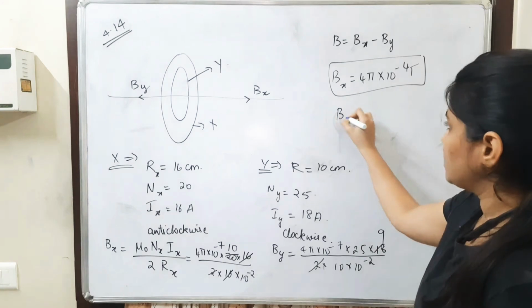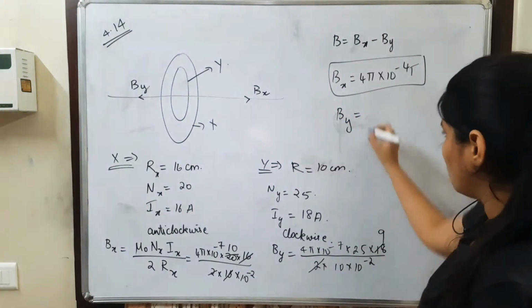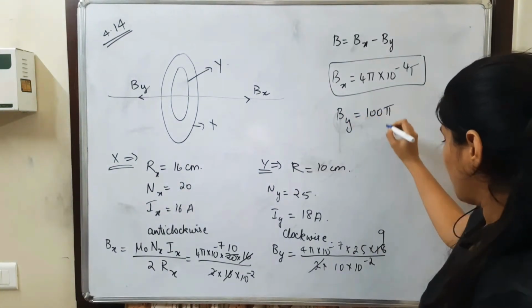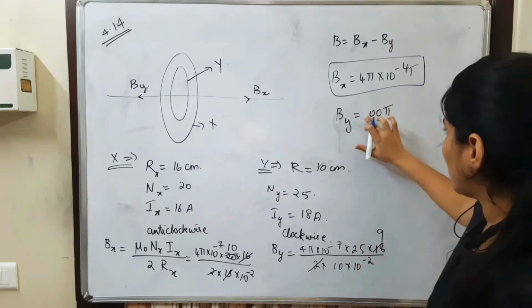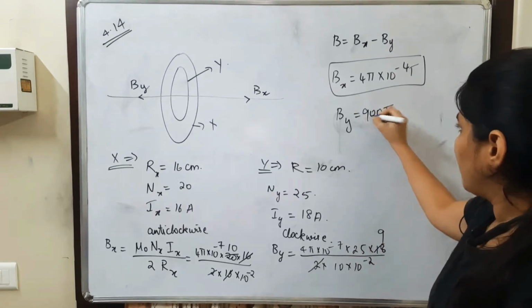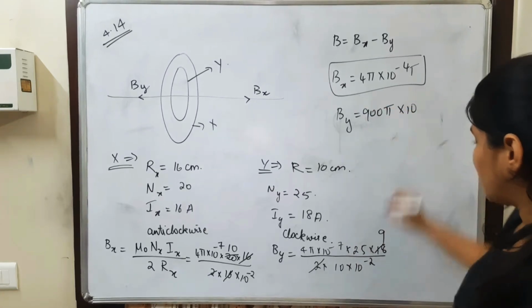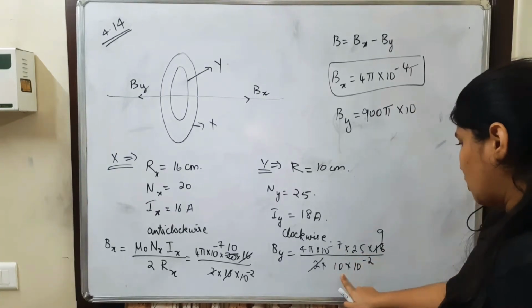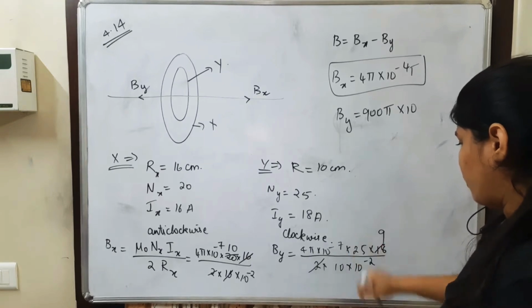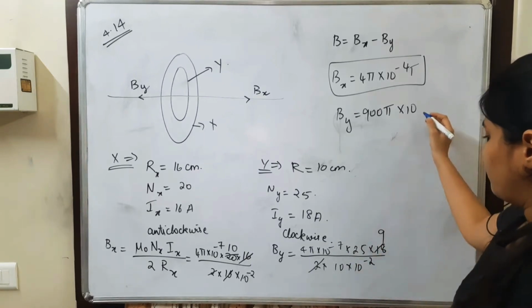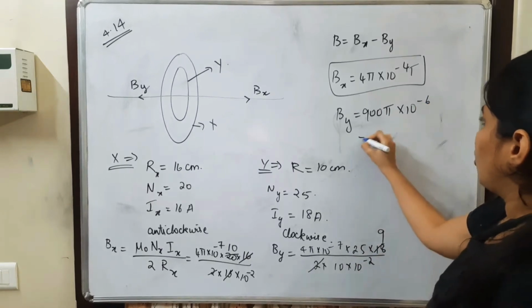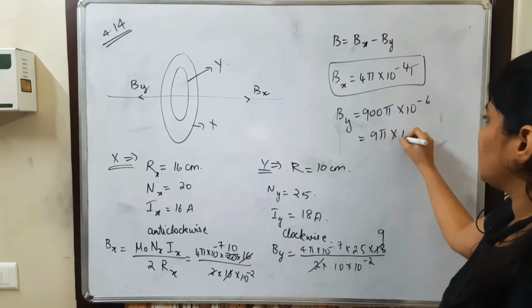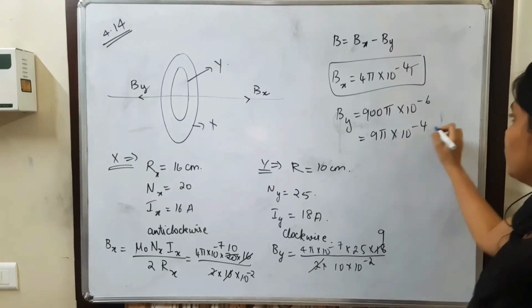By is equal to 100 pi, and with the 9 also, 900 pi into 10 to the power minus 6, or we can also write 9 pi into 10 power minus 4 Tesla.